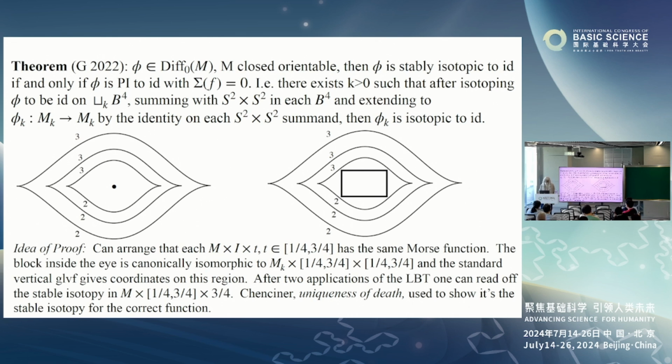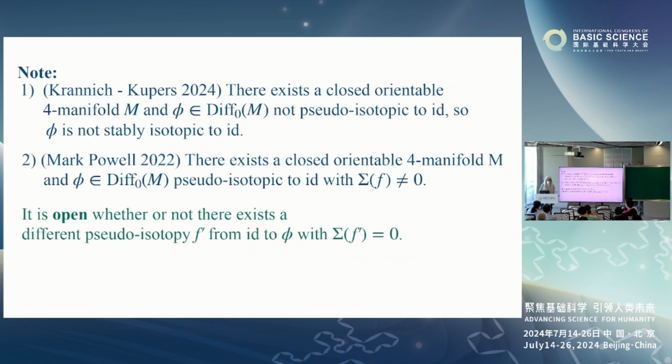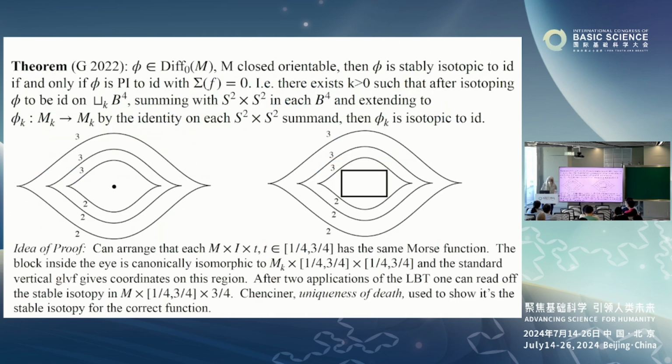Okay, so the next thing I should mention is: something's stably isotopic to identity, pseudo-isotopic to identity with trivial Hatcher-Wagoner invariant. I mean, maybe it's always stably isotopic to identity, right? In the spirit of 4-manifolds, if you have something and you stabilize it enough, it should be the standard thing.